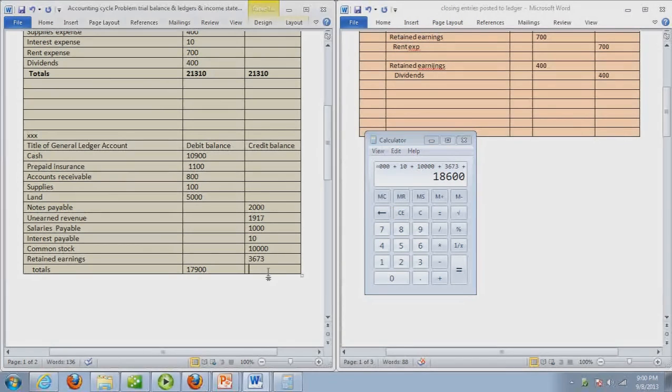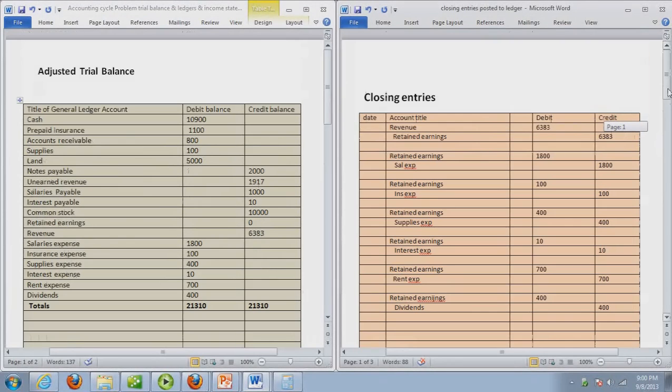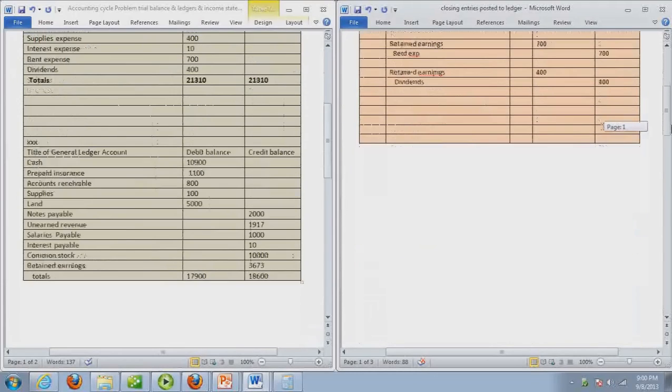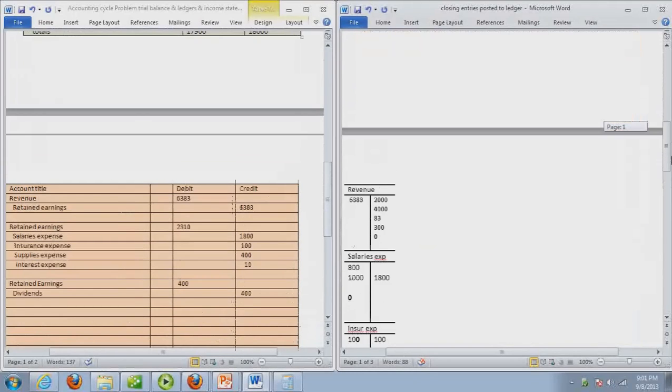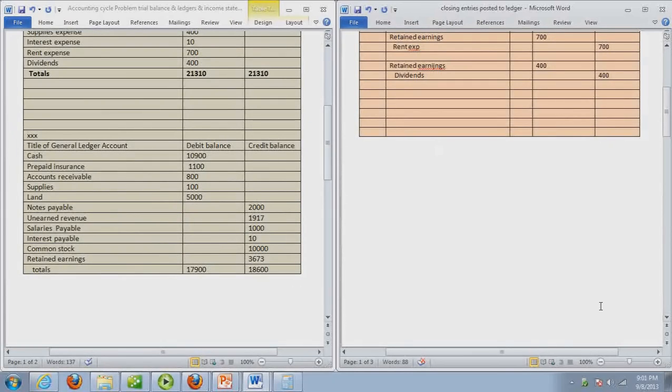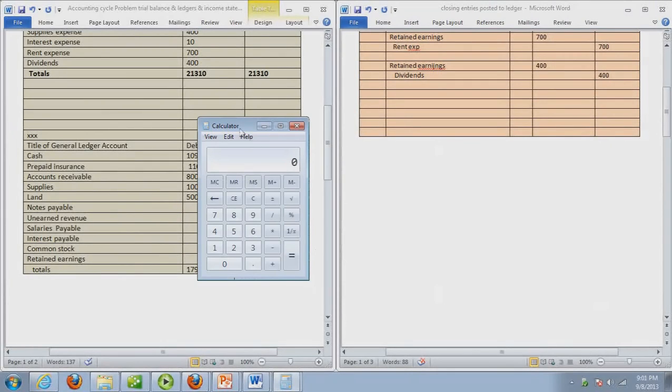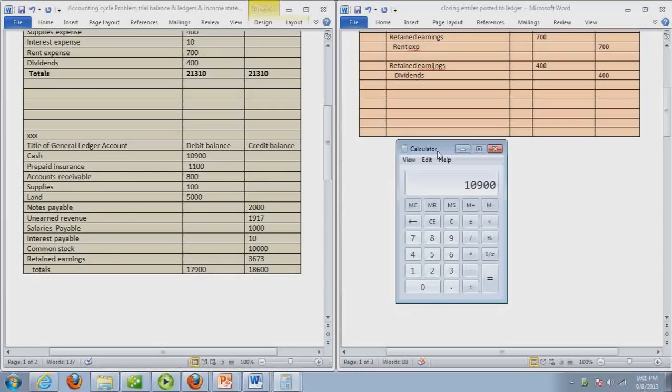Uh-oh. We've got 18,600. Let's go back to our totals again. Maybe, actually what I should do is re-add the columns. Easy enough to make a mistake.